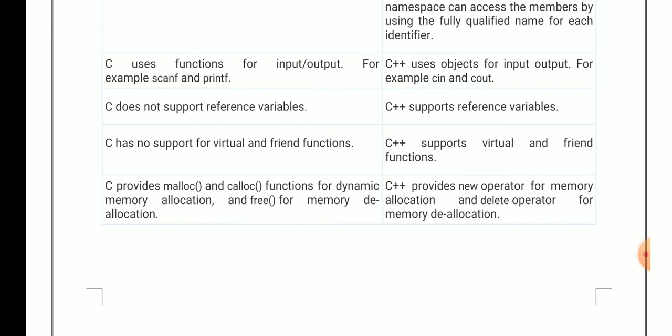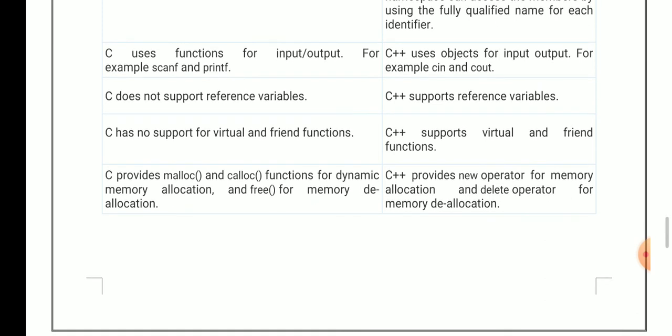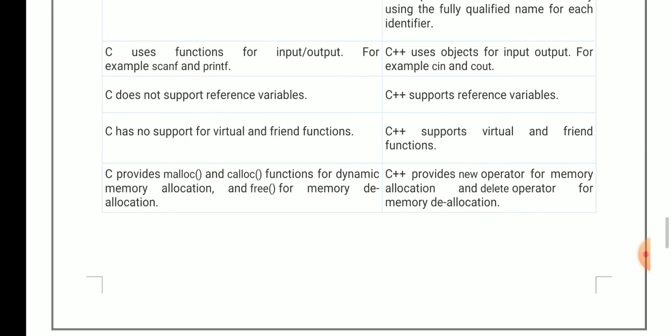And in C language we use malloc and calloc functions for dynamic memory allocation and the free function for memory deallocation, but in C++ we use the new operator for memory allocation and the delete operator for memory deallocation. So these are our basic differences between C and C++.